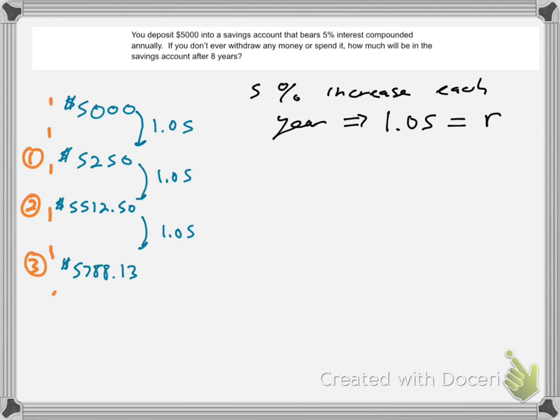So I'm just going to go ahead and do that. If I do a dot, dot, dot and do this on my calculator 5 more times, I get 7387.28. And that should be after 8 years.